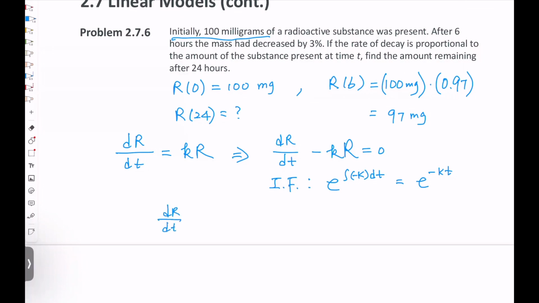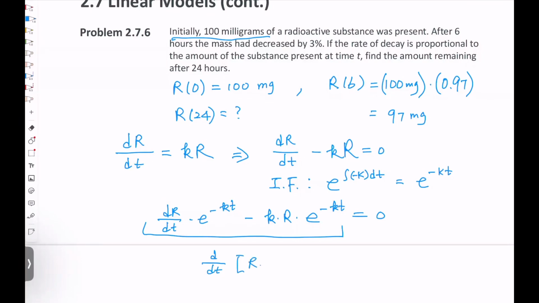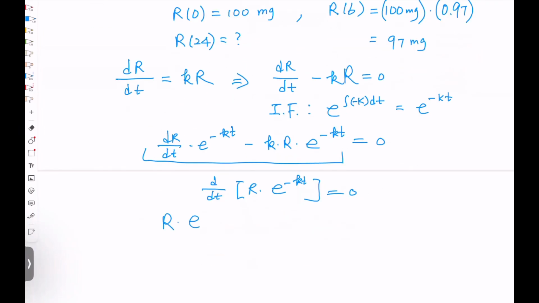So now we need to multiply this integrating factor to both sides. dR/dt times e to the negative kt minus k times R times e to the negative kt equals 0. And then the left-hand side is going to be d/dt of R times e to the negative kt equals 0. R times e to the negative kt equals C. Then R equals C times e to the kt.